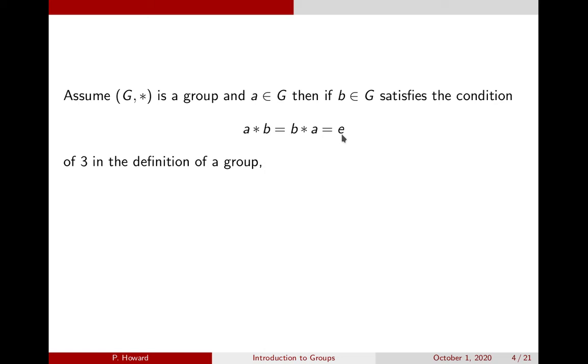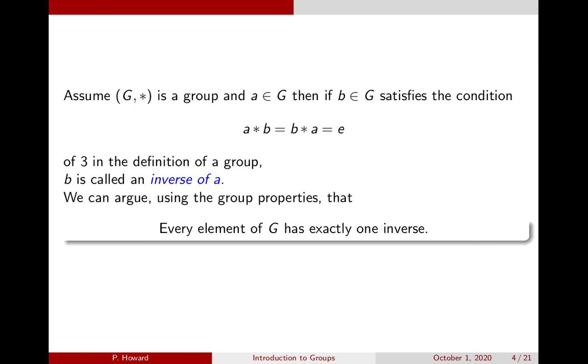This is the element required by condition 3 in the definition. This is called the inverse of A. We knew that already. And we can argue using the group properties that every element has exactly one inverse.